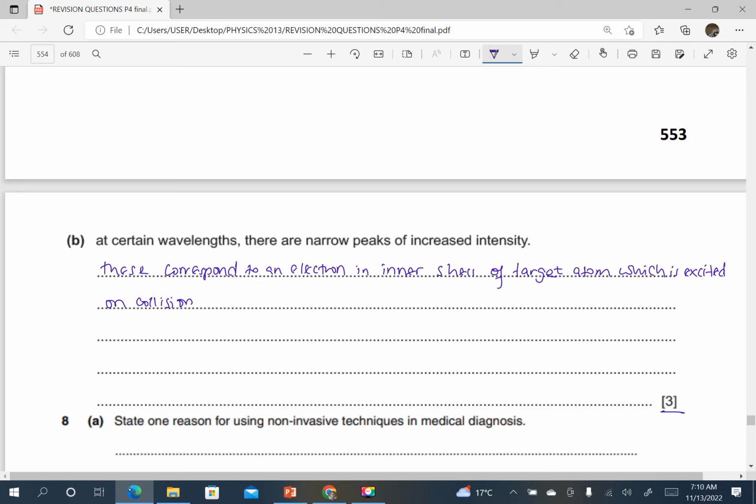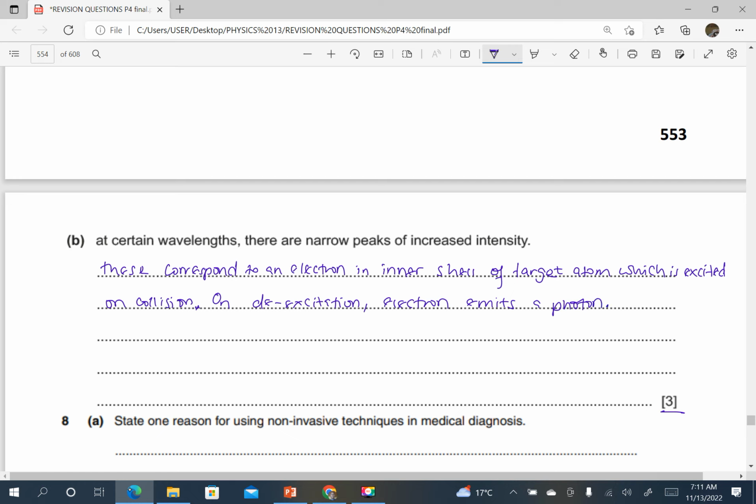An electron in an atom in an inner shell of the target is excited. In other words, it is moved to a higher energy level on collision. On de-excitation, the electron emits a photon.